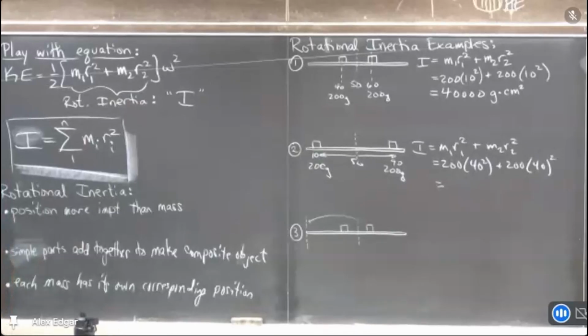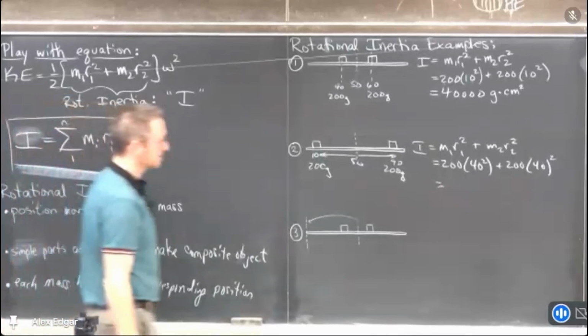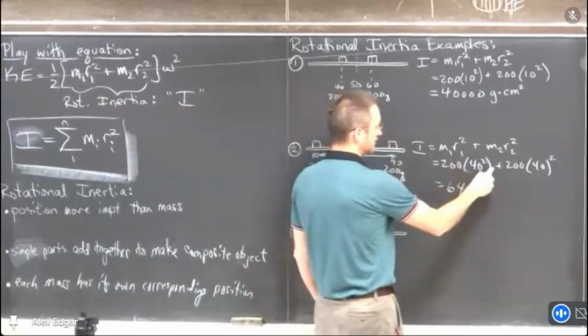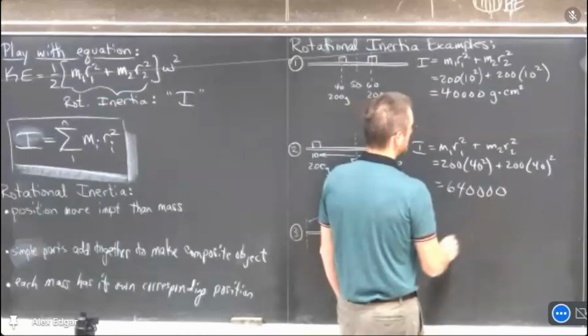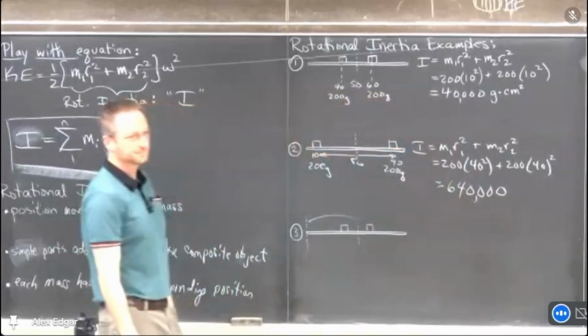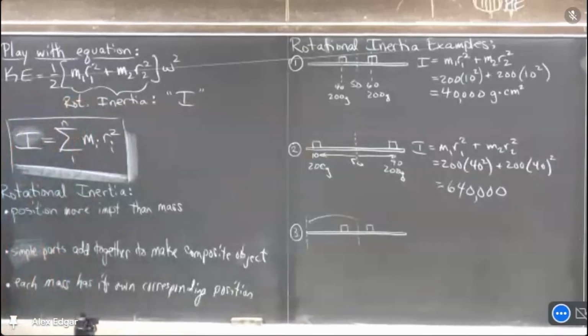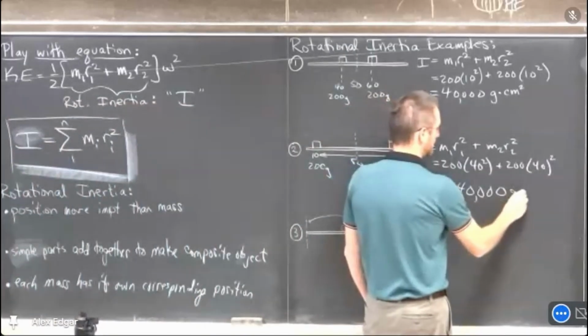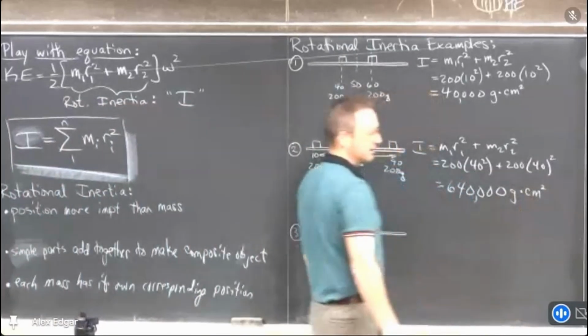And 1600 times 2 is 3200. And then we're going to add some more zeros, and then add them together, so we got 64 and then 0, 0, 0, 0. And same units, because that's still grams and that's still centimeters. Gram centimeter squared.